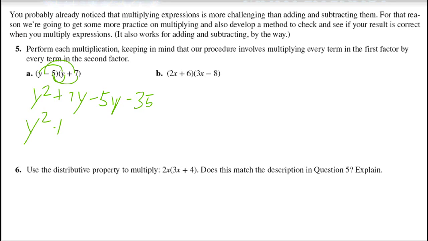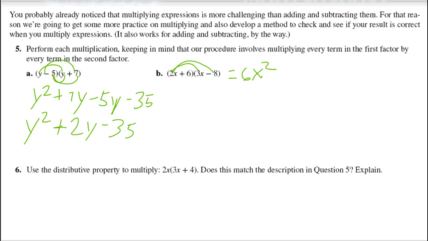So y squared plus 7y's minus 5y's gives me 2y's minus 35. Okay. 2 times 3 is 6. X times x is x squared. 2x times negative 8.